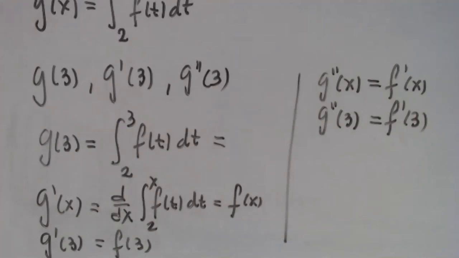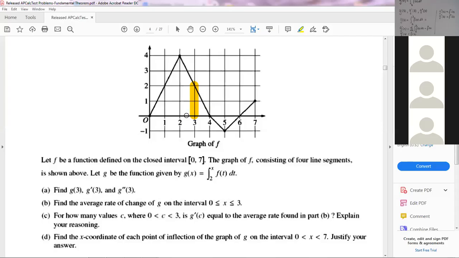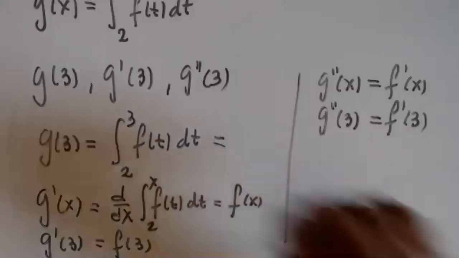If you check right here, the area between 2 and 3 is this triangle, base times height divided by 2. This is a 2, and this is a 3, correct? This area is 3.